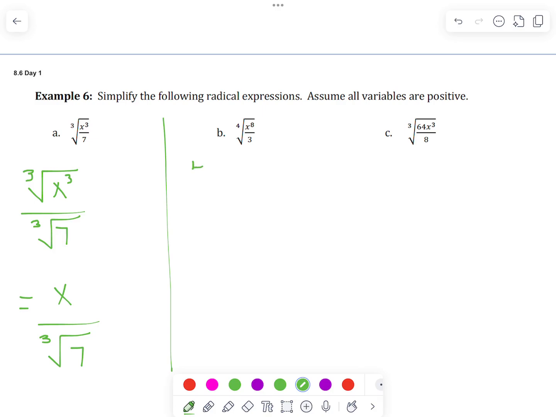All right, quotient property, separate out into 2 radicals. And then I'm going to separate out that numerator into 2 radicals using my product property, so x to the 4th and another x to the 4th.